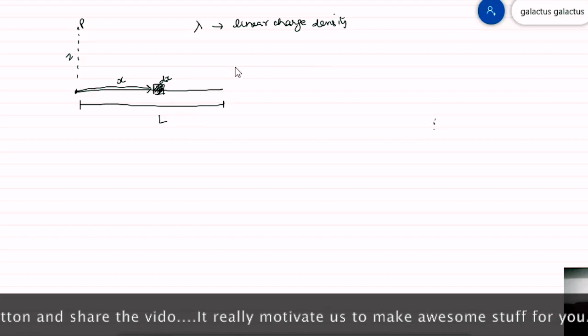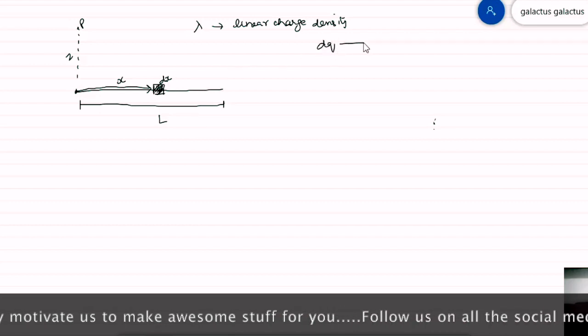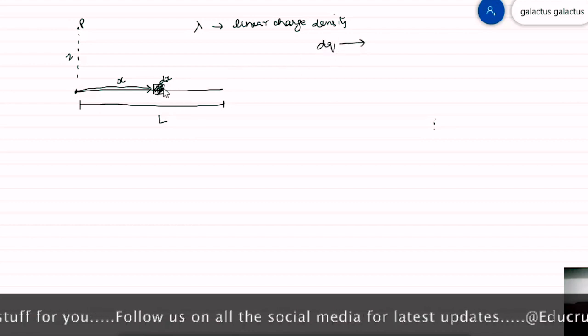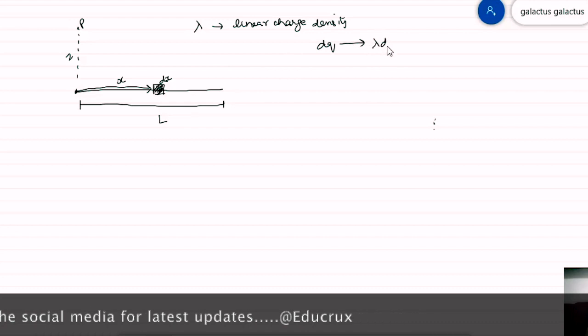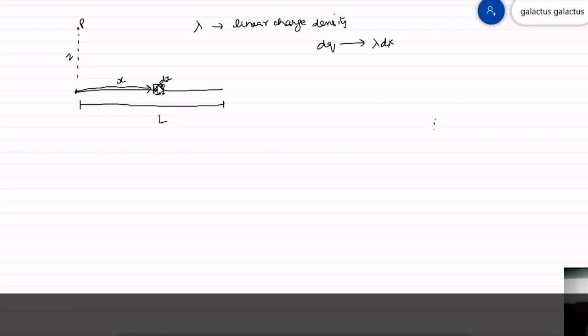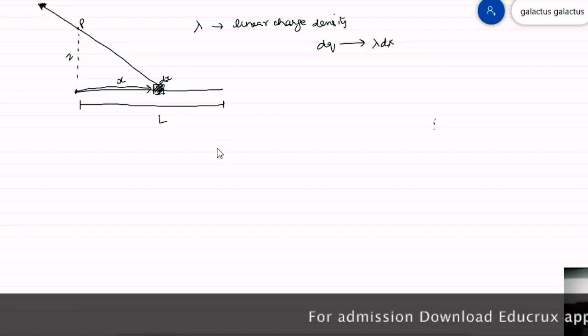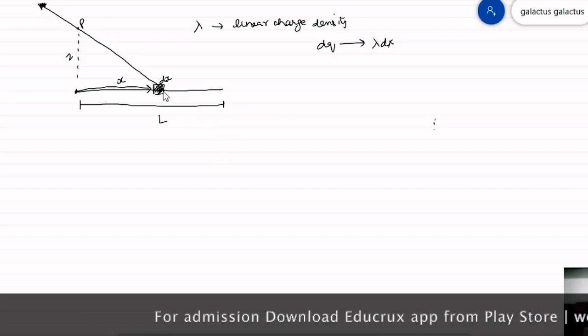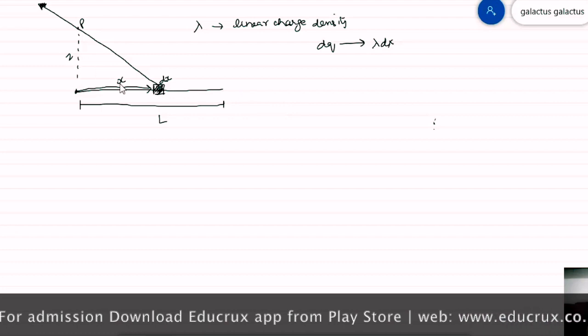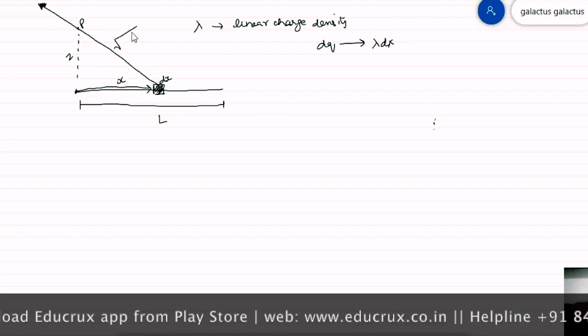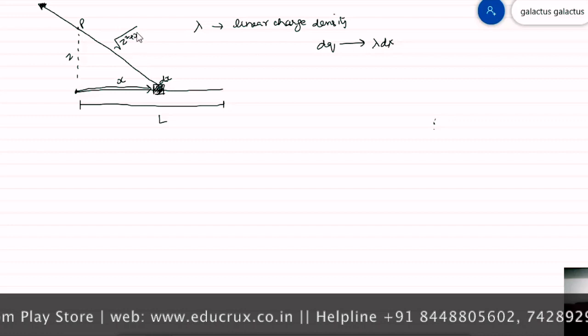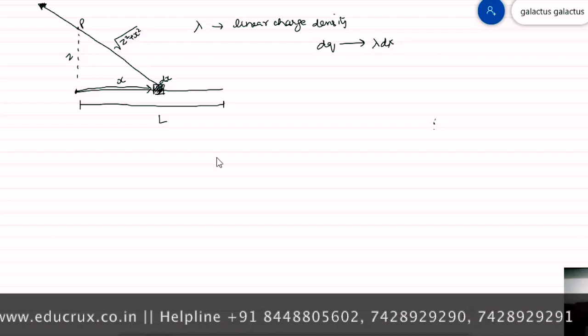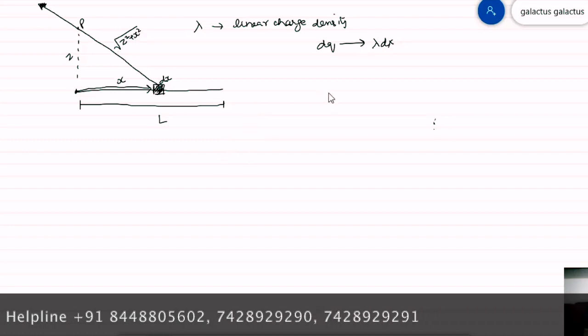Okay, so the charge dq in this small dx element is lambda dx. So at a point P, the electric field is in this direction. Okay, so this is the direction of the electric field at point P. Okay, so if this is Z and this is X, so this will be under root Z square plus X square. Okay, so we'll substitute that.